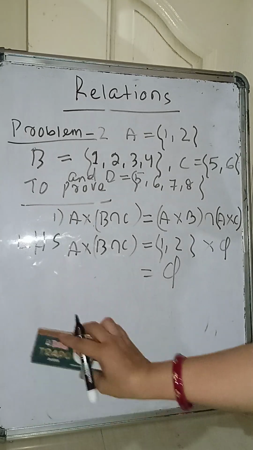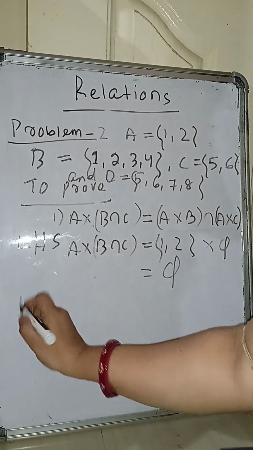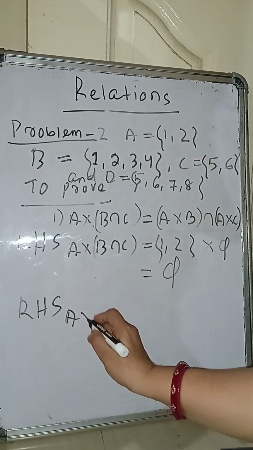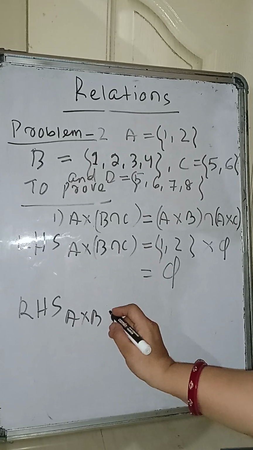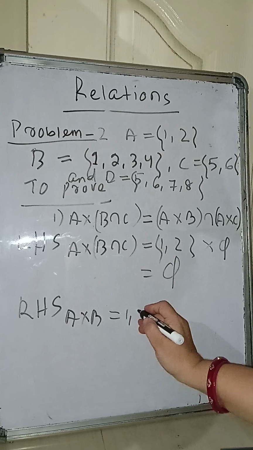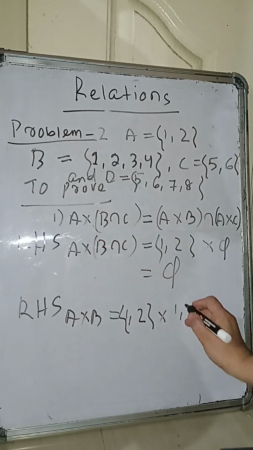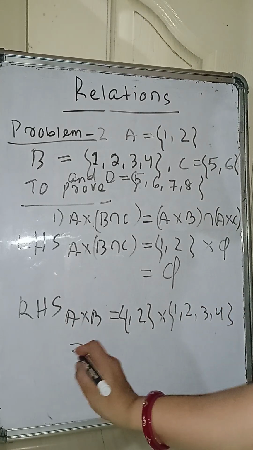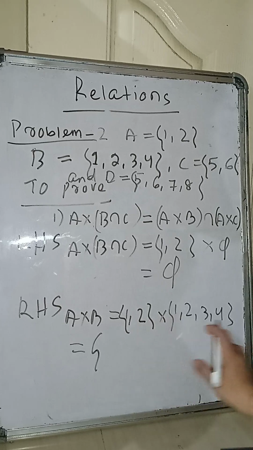Now let us find the right hand side, RHS. Your RHS is the Cartesian product of A and B. First find the Cartesian product of A and B. So this is 1, 2 and next B is 1, 2, 3, 4. What will this be? This will again be a set of elements: 1 with these elements, 2 with these elements.